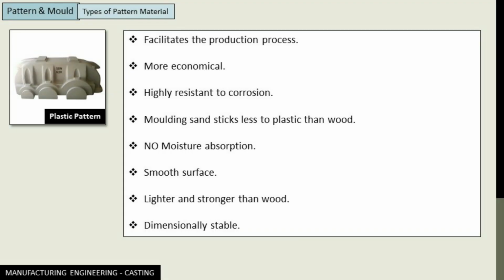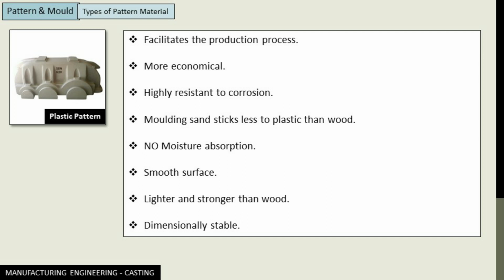Next we have the plastic pattern. Plastic patterns are generally used for production of materials like plastic bottles. So basically plastic components are created by plastic patterns. They facilitate the production process. They are more economical. They are highly resistant to corrosion, or one can say no corrosion.